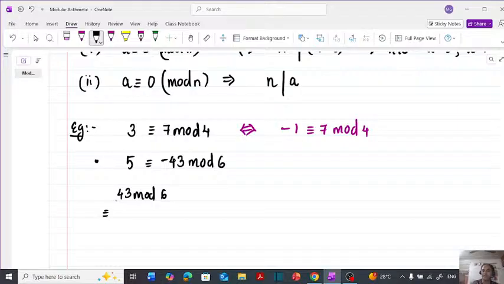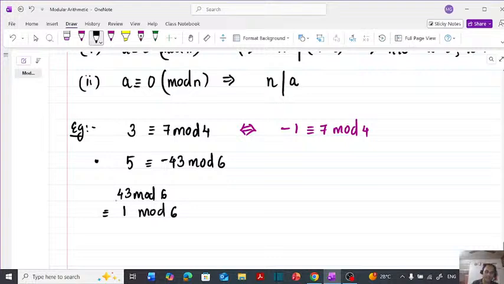So 43, when you are attacking, 6 6s are 36, 6 7s are 42, right? So it is going to be minus 42, yes. So you have here 1 mod 6, all right?